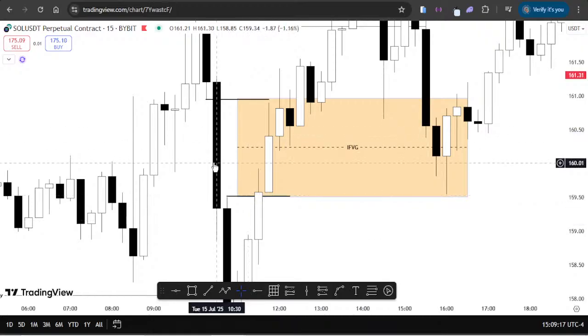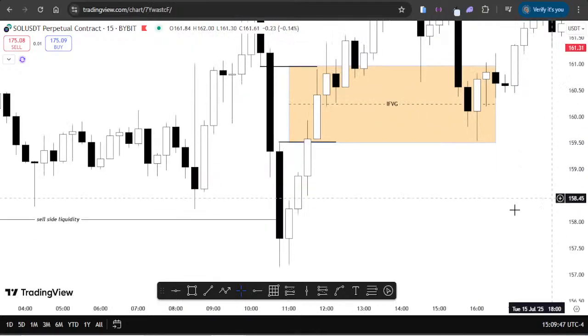So this fair value gap right here is considering the low of this candle and the high of this candle. There is no buy side delivery, only sell side. So this is a sell side imbalance, buy side inefficiency.